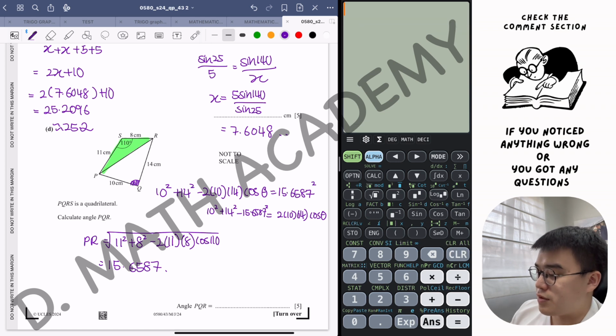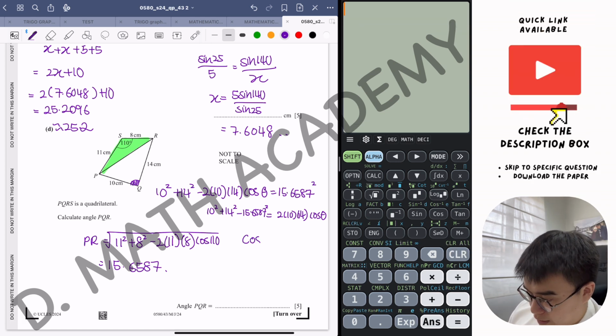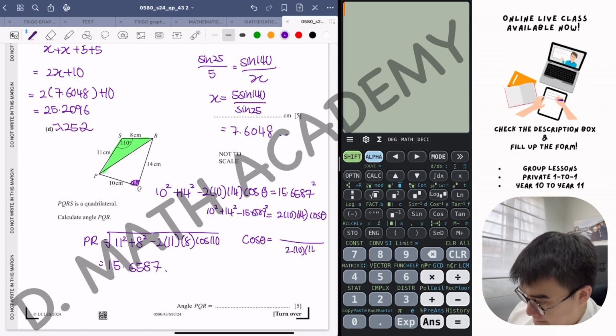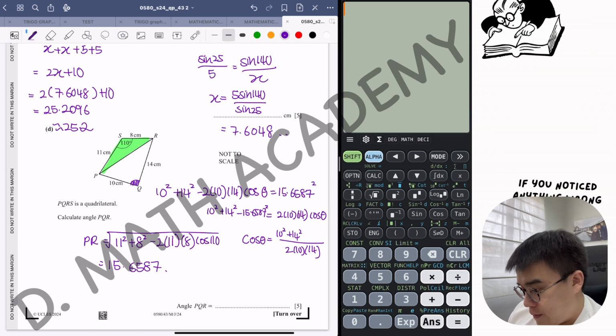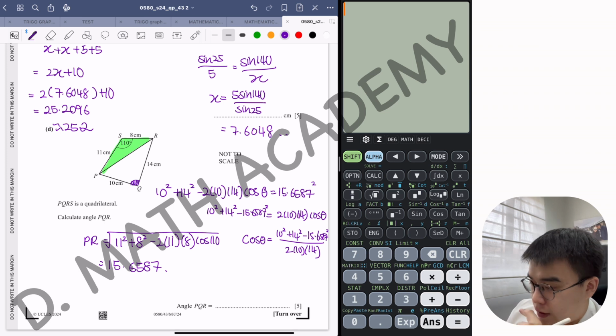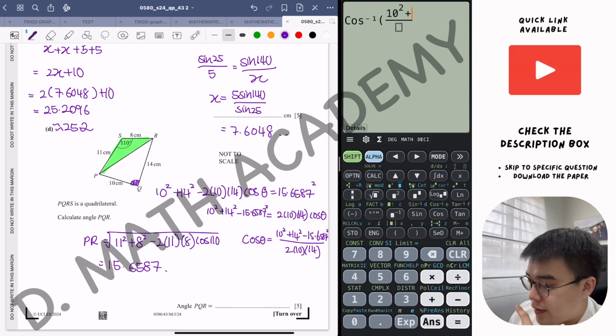Okay, so lastly, to make cosine the subject, everything will be divided by here. So just key in cosine inverse with everything that I have there.